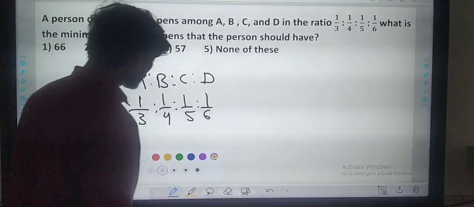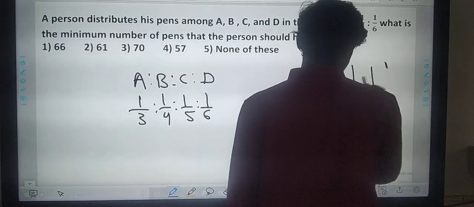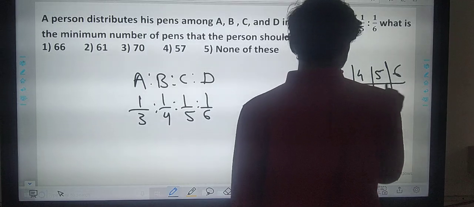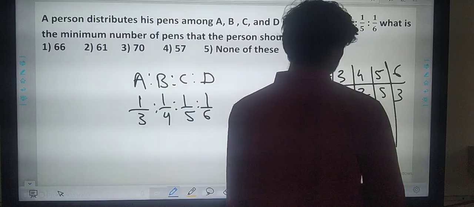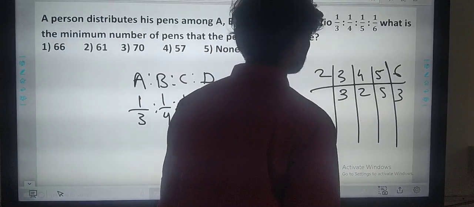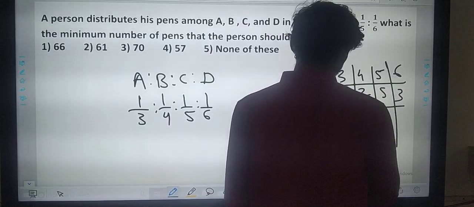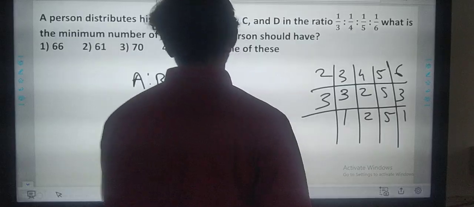Then we get the LCM of 3, 4, 5, 6. Then the LCM is 60.